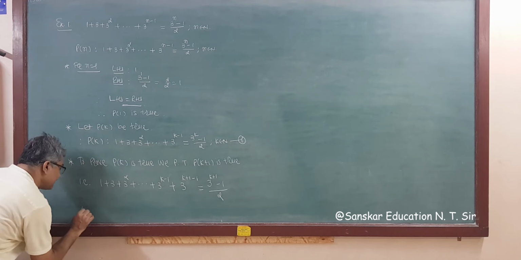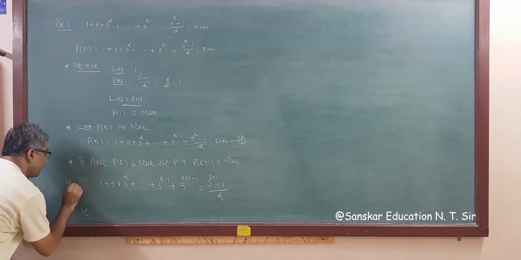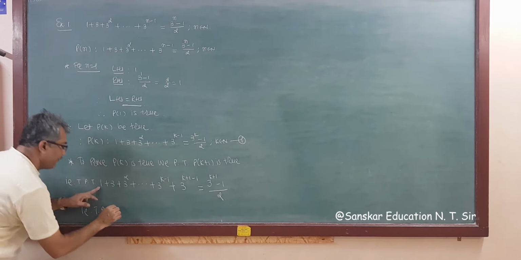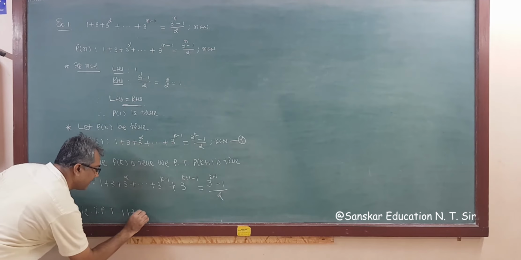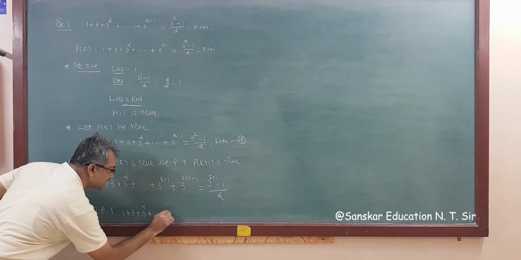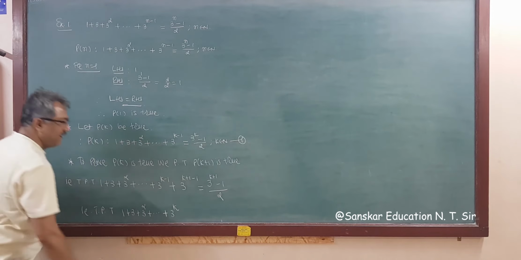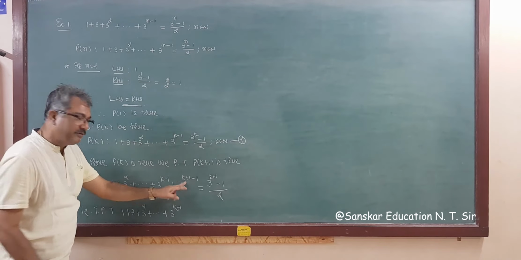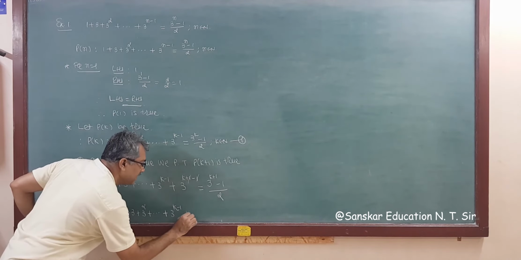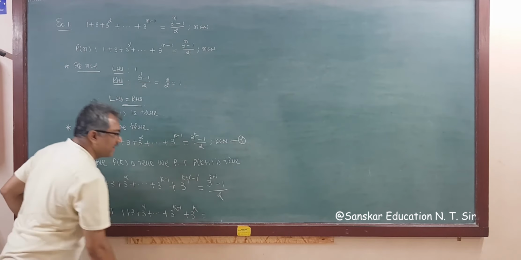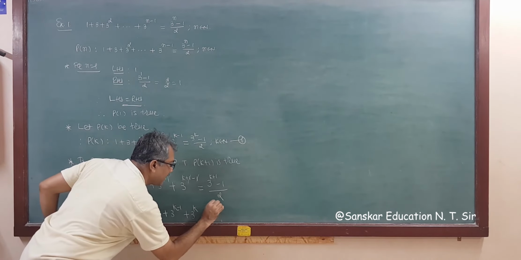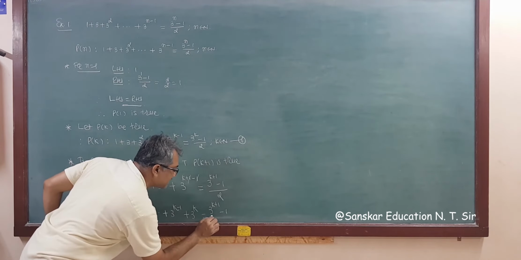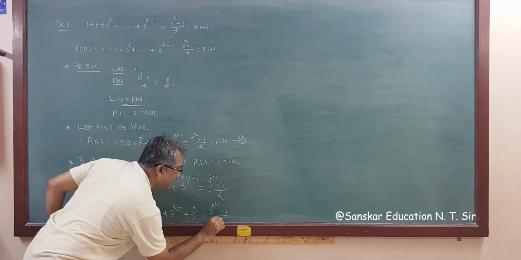That is, to prove that 1 plus 3 plus 3 square plus dash dash dash plus 3 raised to k minus 1, and 1 will be cut, so plus 3 raised to k is equal to 3 raised to k plus 1 minus 1 by 2.